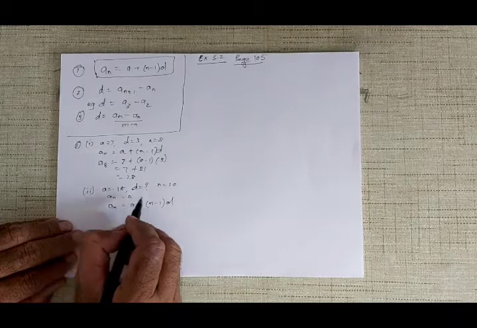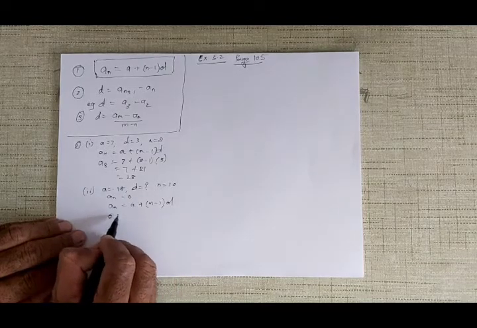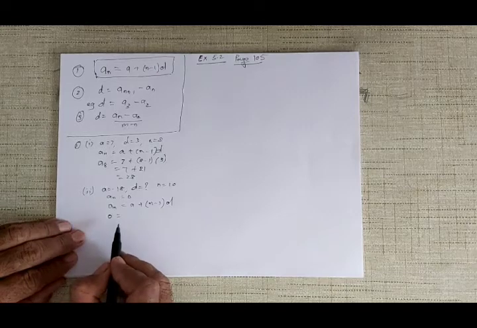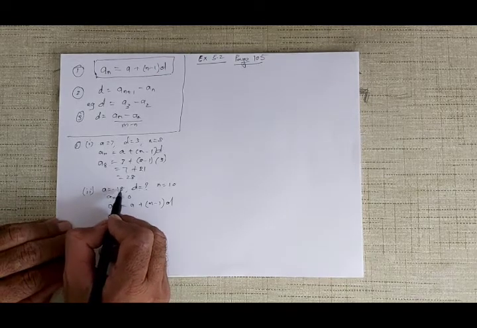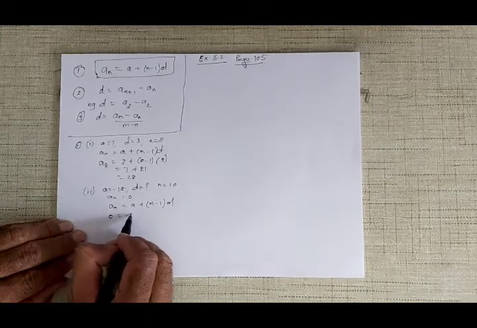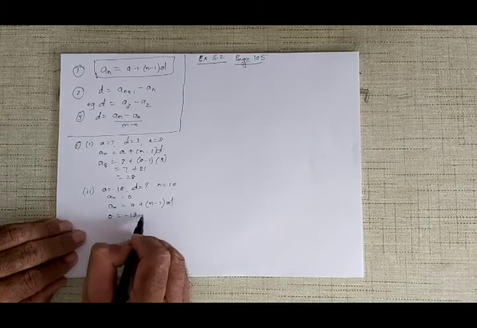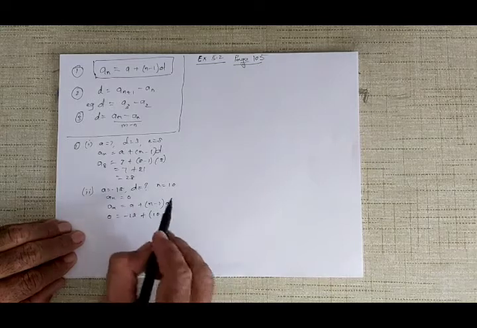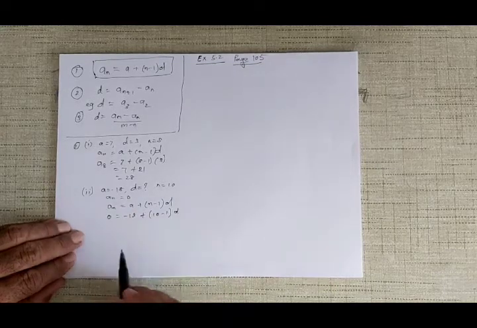Here a of n is 0, n is equal to 10, a is equal to minus 18, plus 10 minus 1 into d. We don't know d, we have to find d.